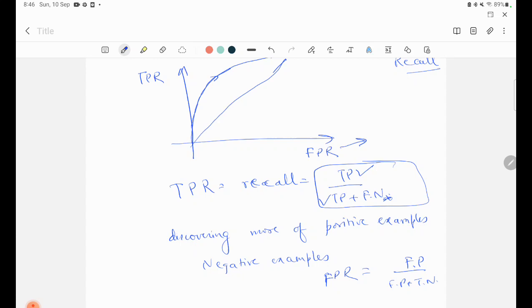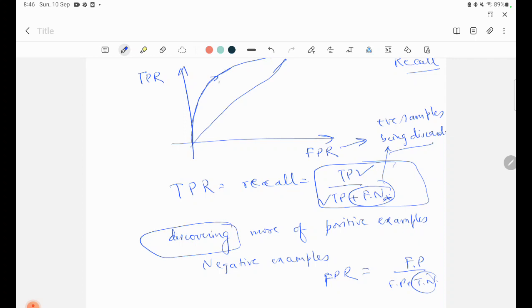The reason is that when we have more and more false negatives, these are the positive samples being discarded, and we want less and less of that. The reverse is over here: we want less and less of this, and we want the classifier to discover more and more true negatives. So the keyword is discovery.